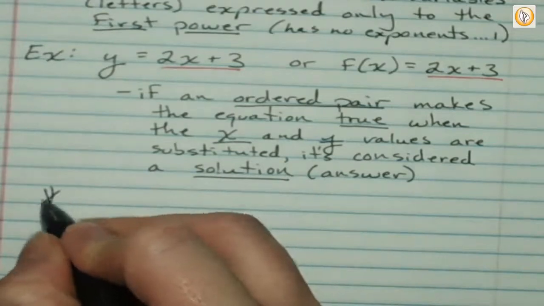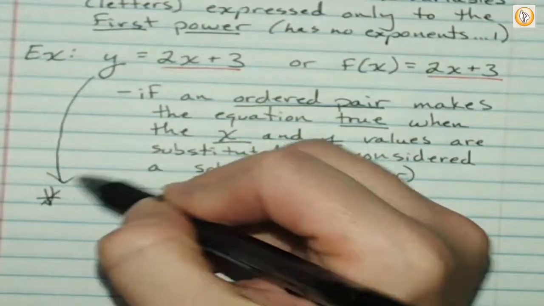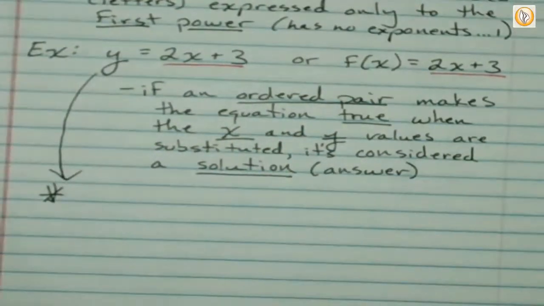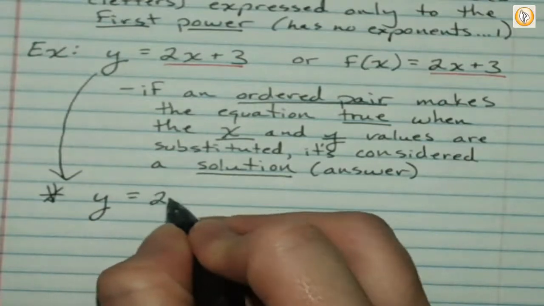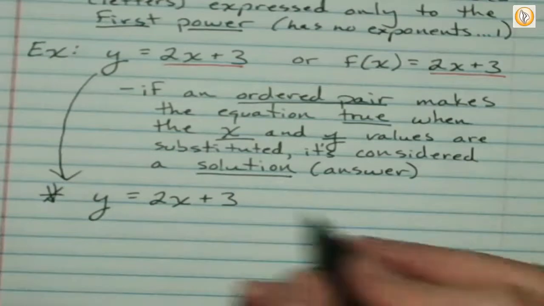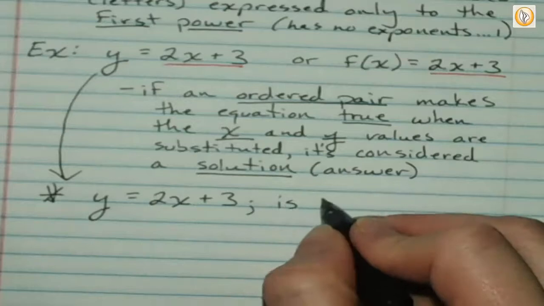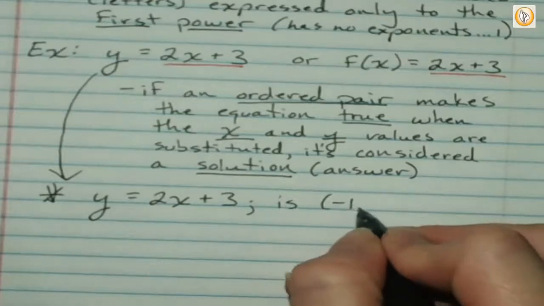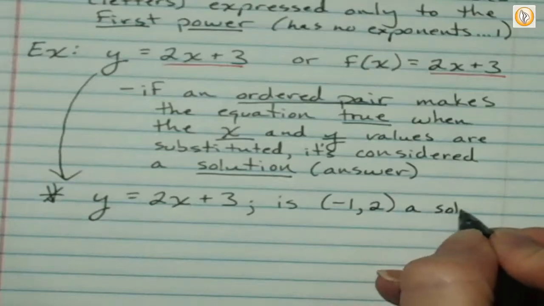So, I'm going to take this equation and I'm moving it down here so I can show you my example. Here's my equation, y equals 2x plus 3. And the question is, is -1, 2 a solution?